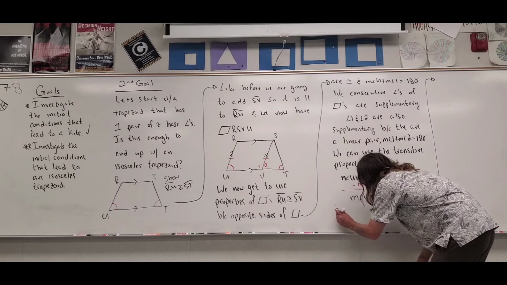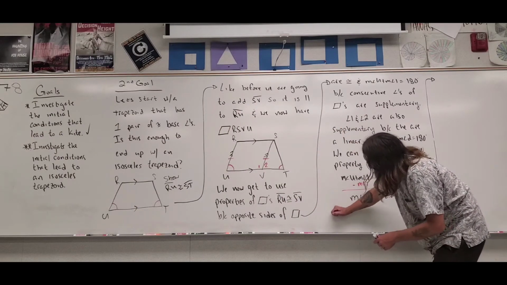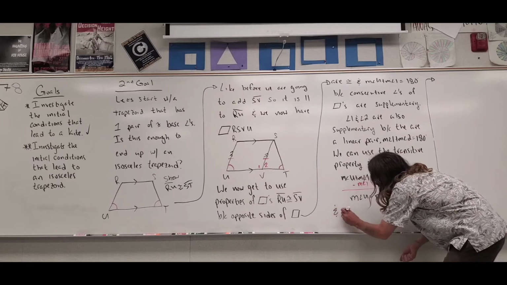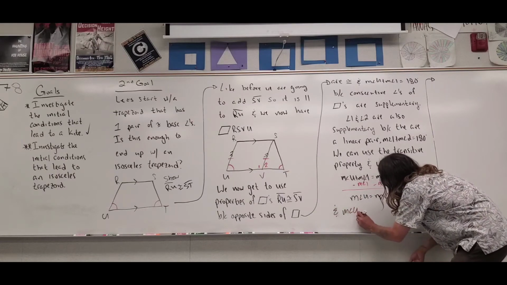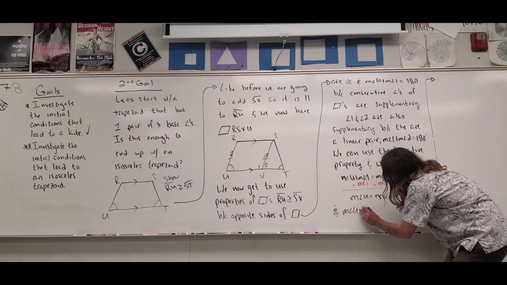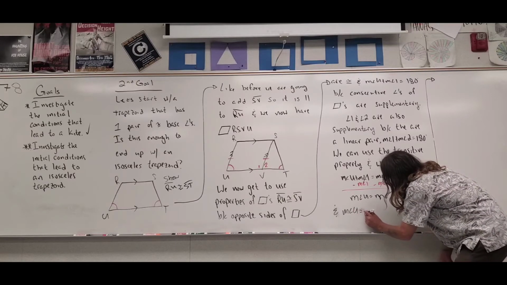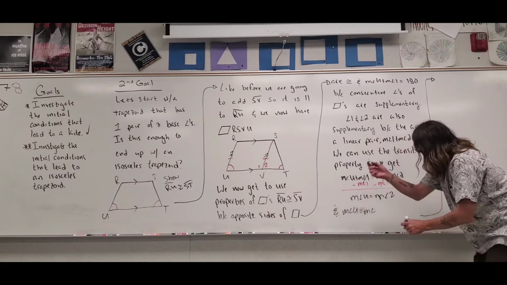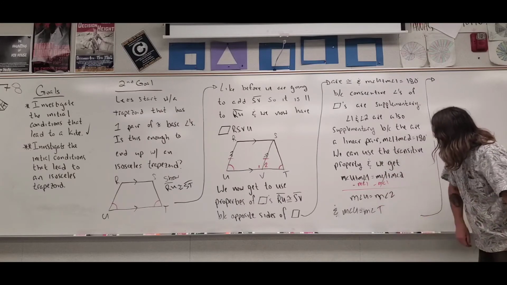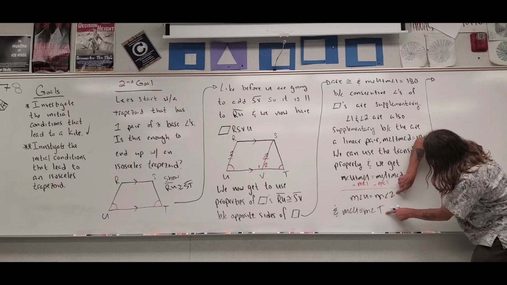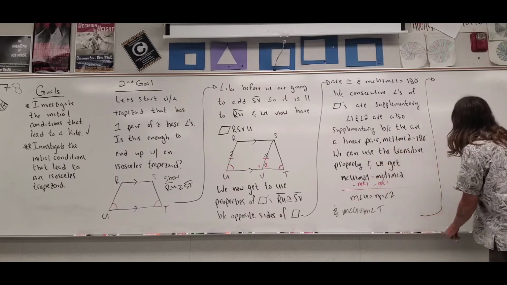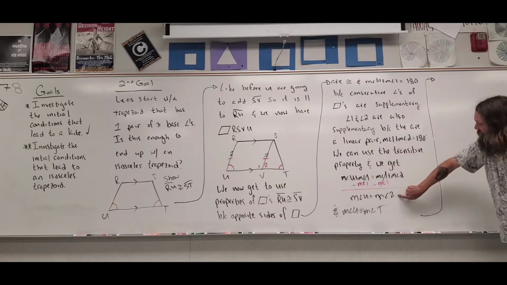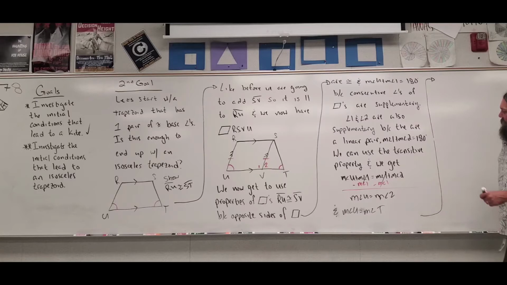So the measure of angle U equals the measure of angle T. Angle 2 and angle T both equal the measure of angle U, so by the transitive property, the measure of angle 2 equals the measure of angle T.